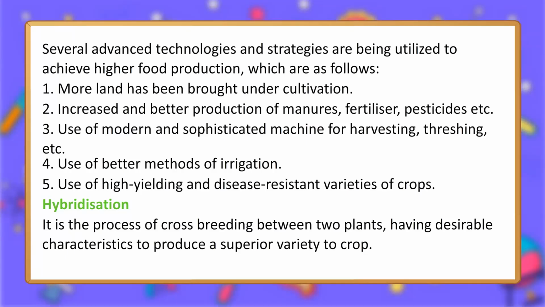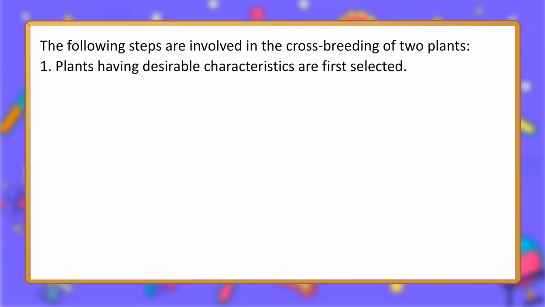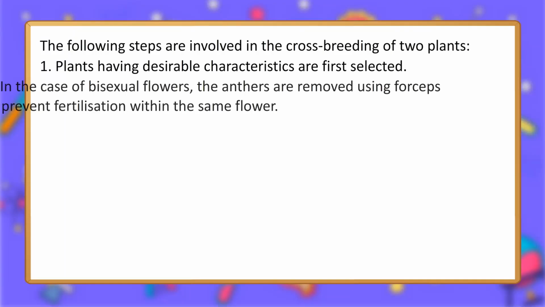Hybridization. It is the process of crossbreeding between two plants, having desirable characteristics to produce a superior variety of crop. The crossbreeding technique. The following steps are involved in the crossbreeding of two plants. 1. Plants having desirable characteristics are first selected. 2.